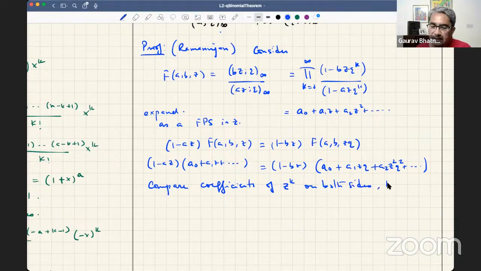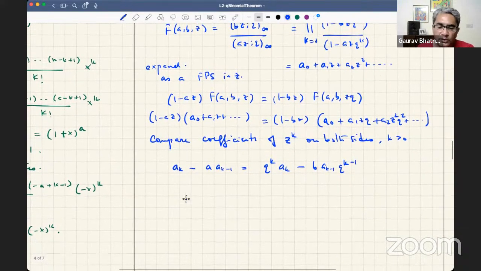for k bigger than 0, then on this side you will get from the first guy ak, from the second guy you will get a times ak minus 1. And then on the right-hand side, you'll get q raised to k from z raised to k, a_k minus b, a_(k minus 1), q raised to k minus 1.